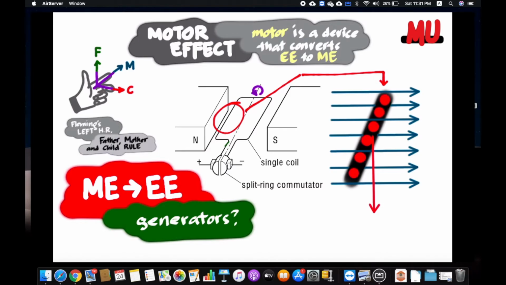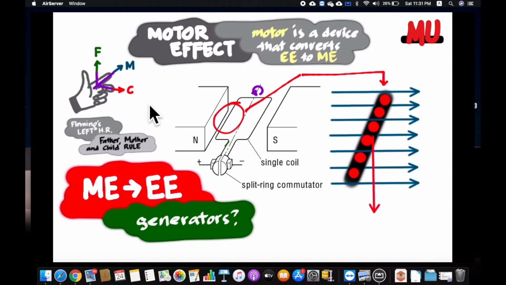Since they move in a region where there is a magnetic field, we may be able to apply the hand rule again. This red arrow represents the direction of the motion of the charges, which we can assume to be positive, for consistency with the type of current we have been using from the very beginning, conventional current.